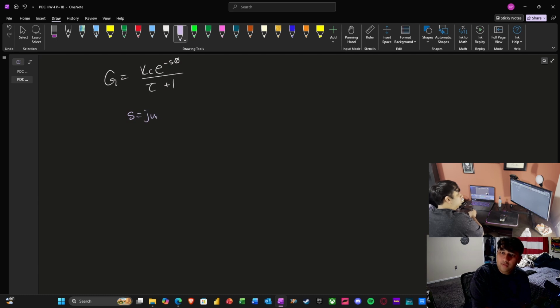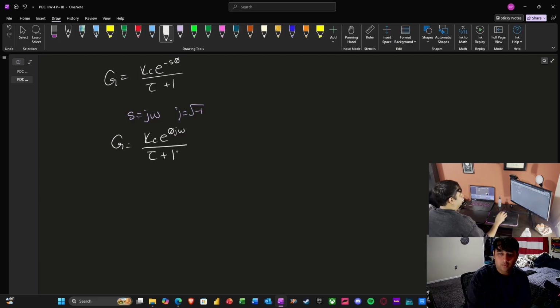redefine our s equals j omega, and our j equals square root of negative 1. So our G equals Kc times e to the theta times j omega over tau plus 1.